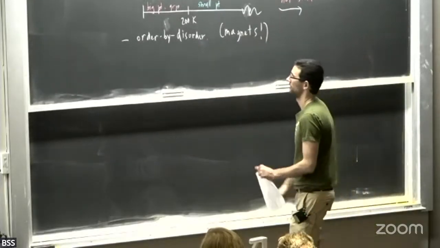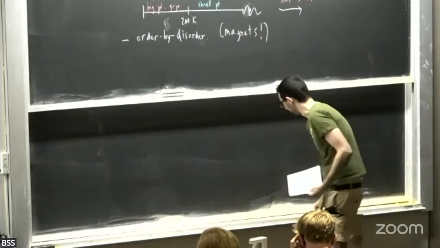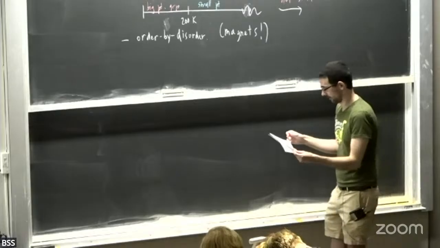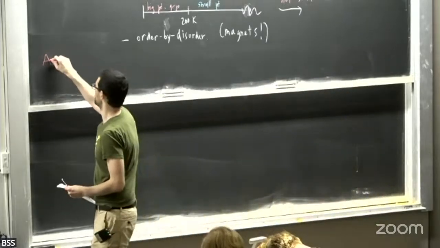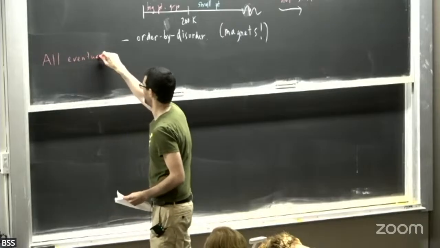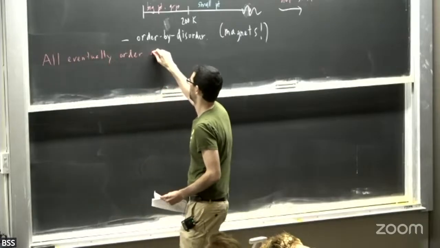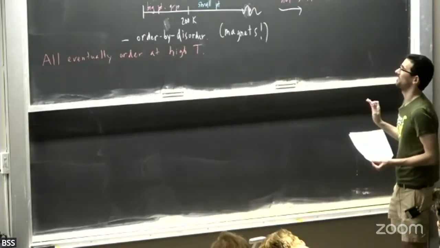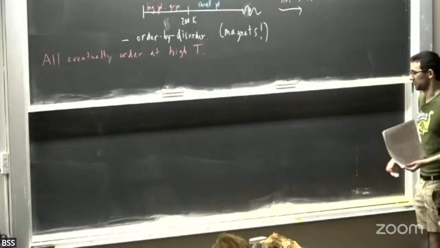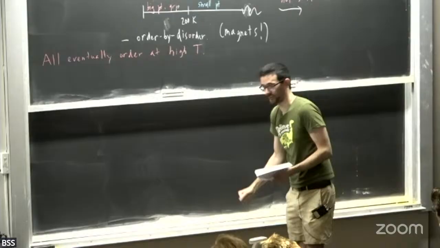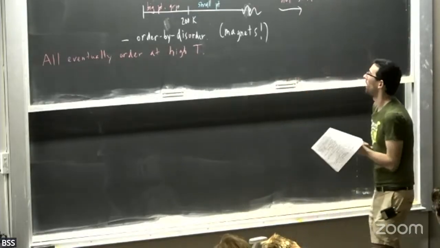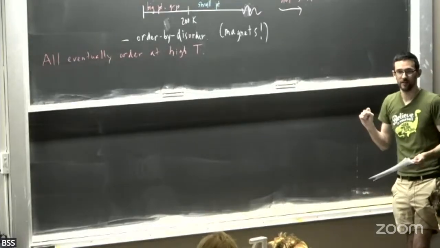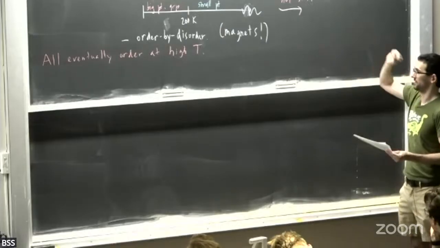Okay. So in all of these examples, we may notice there's something that they have in common, which is that all of these eventually disorder at high T. My sense, and maybe this is a very unfair characterization of the literature, but since I'm the one lecturing, I get to do it, is that in each case it's a bit of a quirk of the specific microscopic physics that this is possible.